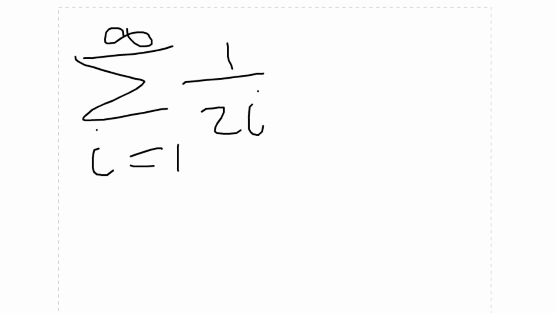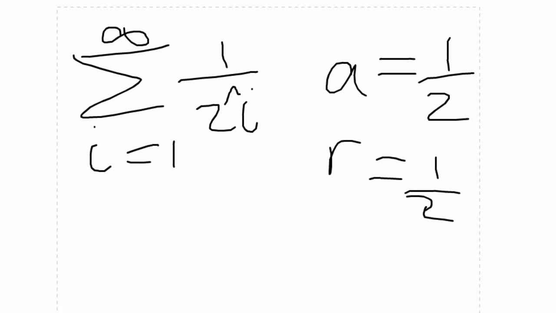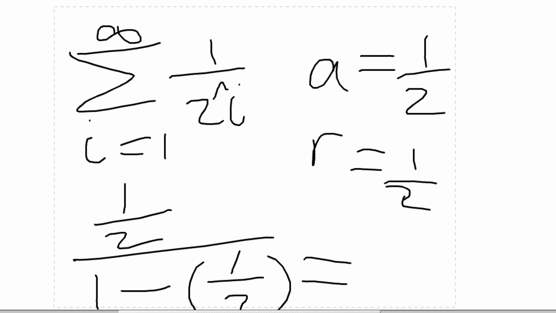Applying the formula to our example, we have a equals half, r equals half, so we have half, which is a, divided by 1 minus r, which is half, which gives us 1, which is correct. 1 is the sum of our infinite series.